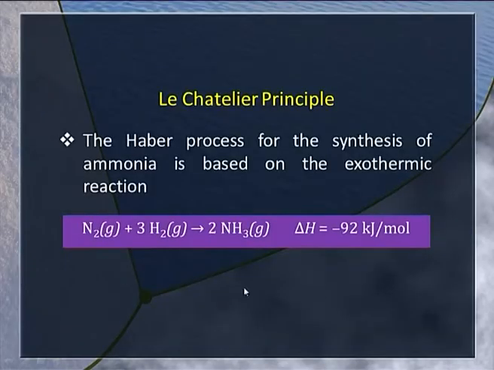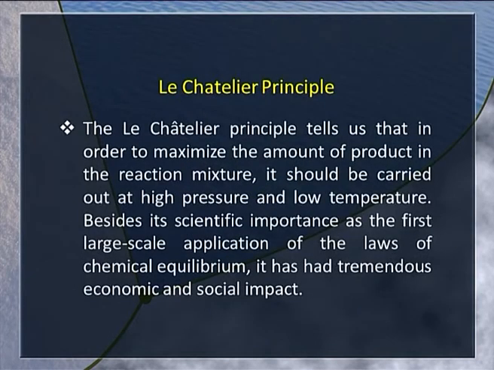The Haber process is the best example which gives us an idea of how important and useful this principle is. This is the standard Haber process, which is used for the industrial generation of ammonia, and this suggests that to maximize the product ammonia, we have to use high pressure and low temperature.